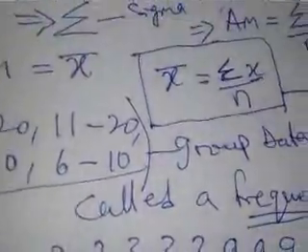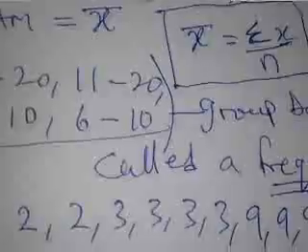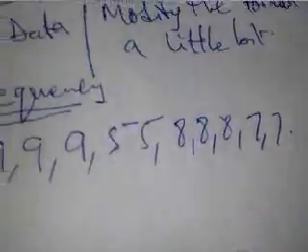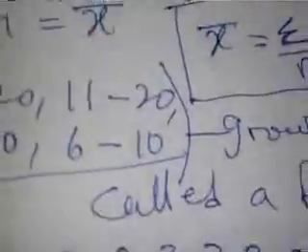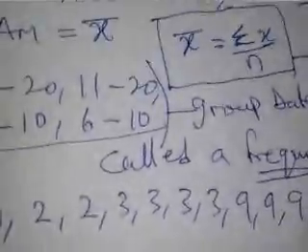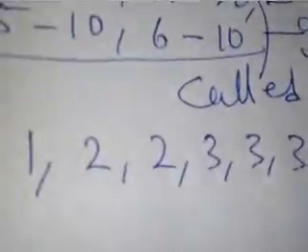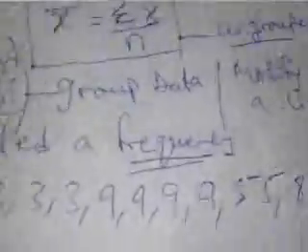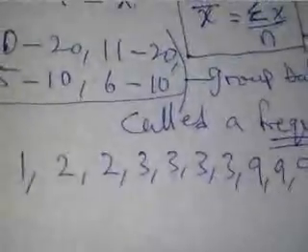Now we have these numbers here. What we need to do is group these individual numbers into intervals. Once we group them, look at it: the lowest number is 1, the highest number is 9.